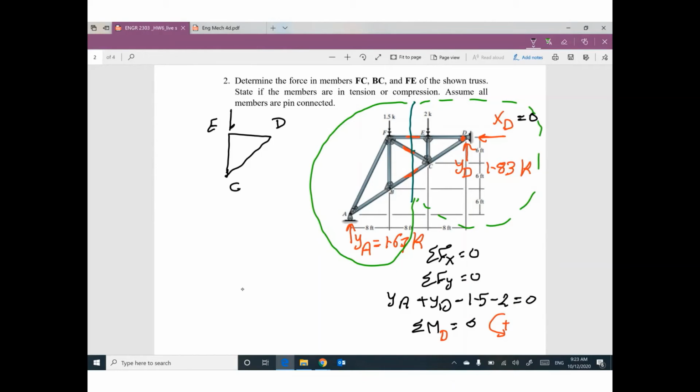How much? 2 kN. We have two reactions here, the vertical one, 1.83, and this horizontal reaction is 0. Then I cut this horizontal member, which is called FEF. I cut this inclined member, FCF, and I cut this member, FCB.